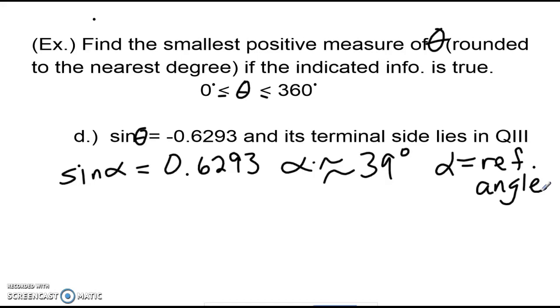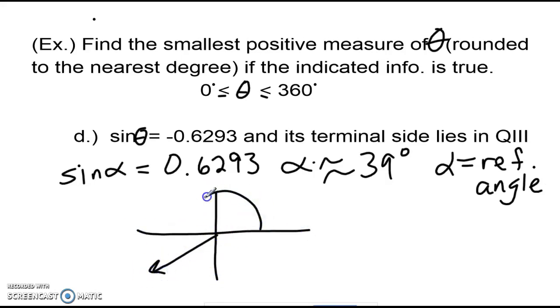Okay, so now we know that the terminal side of our angle lies in quadrant 3. So here's my terminal side, and my angle could be positive or negative, doesn't matter. There's the terminal side. So I would be drawing that triangle to help me figure out values for that angle, correct?